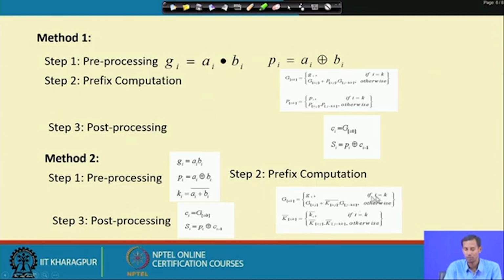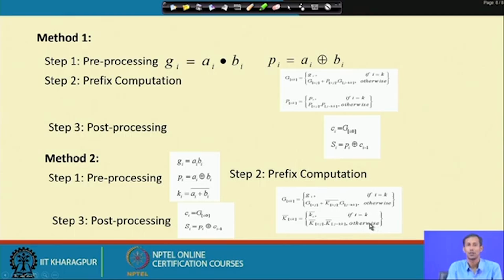For i equals k it is Gi, for i not equal to k it is this equation. For Kik, for i equals k it is the complement of Ki, otherwise Kij dot Kj minus 1 to k.